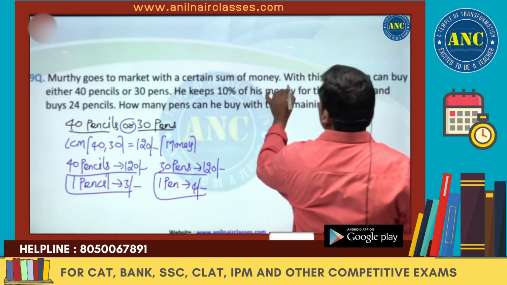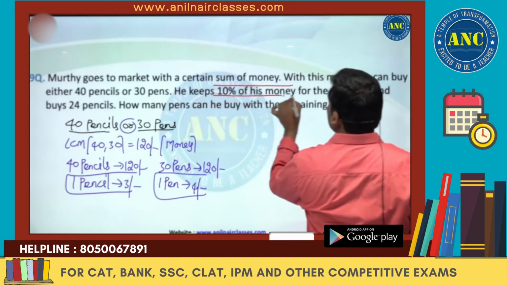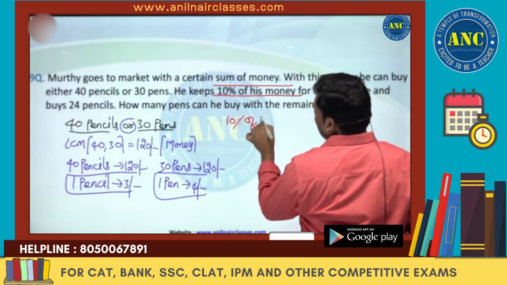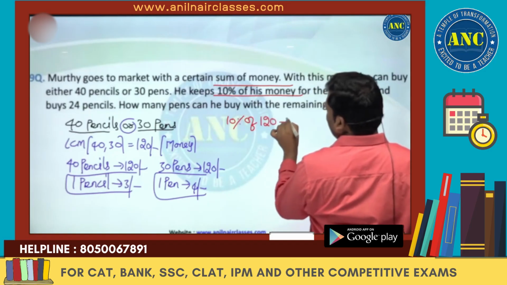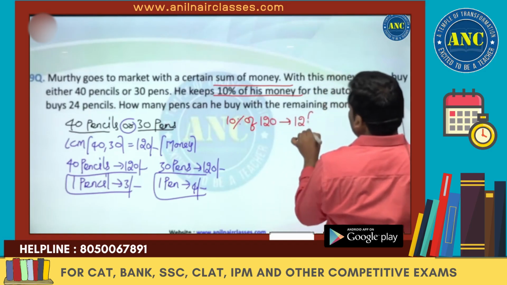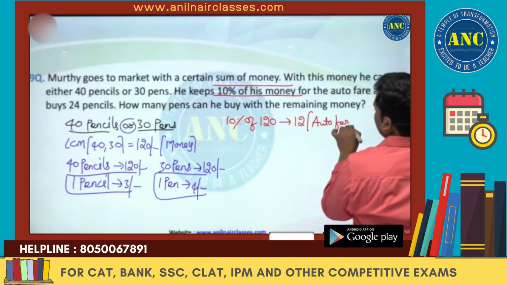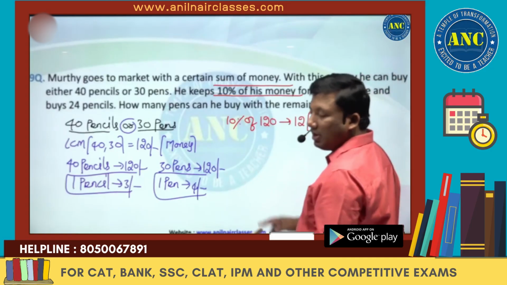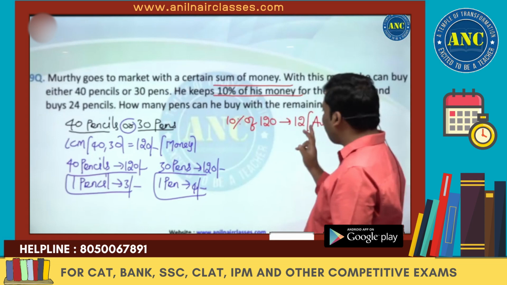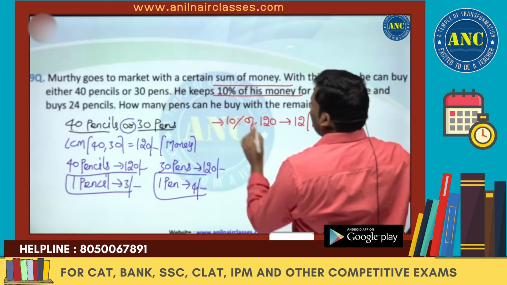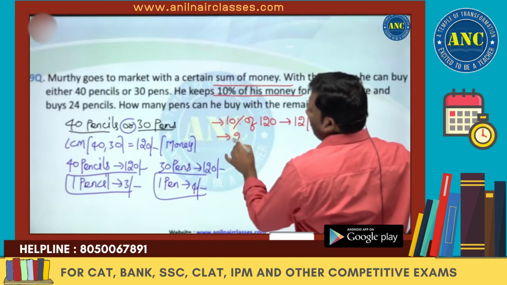He keeps 10% of the money, 10% of 120, it is 12. He keeps these 12 rupees for the auto fare. While going to the shop, he spent 10% of 120, 12 rupees, on the auto fare. Then again, he buys 24 pencils.